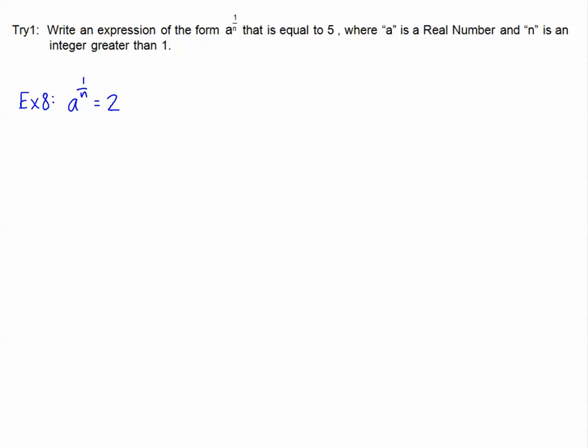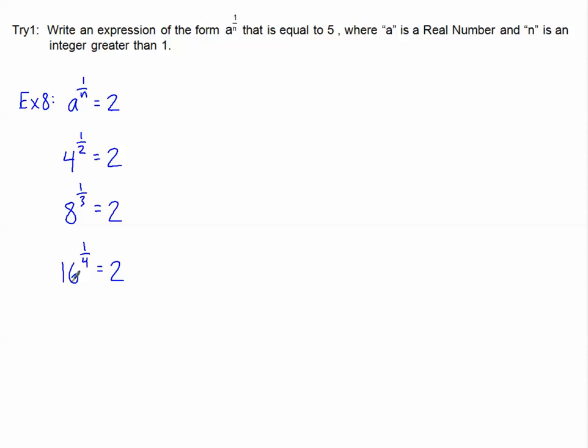So I know that I could say 4 to the 1/2 is equal to 2, because this would be the square root of 4. I could say 8 to the 1/3 is equal to 2, because this is the cube root of 8. I could say 16 to the 1/4 is equal to 2, because this would be the fourth root of 16.